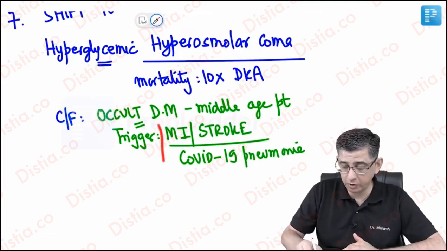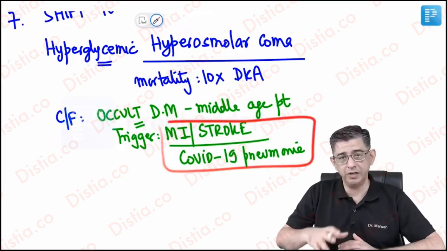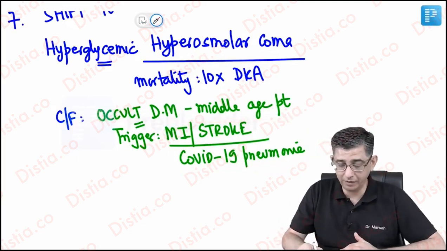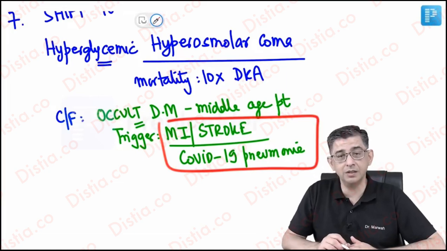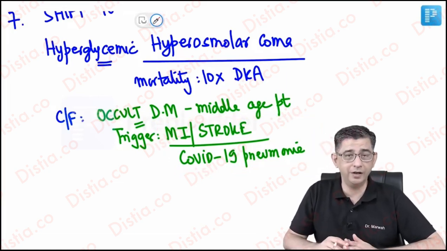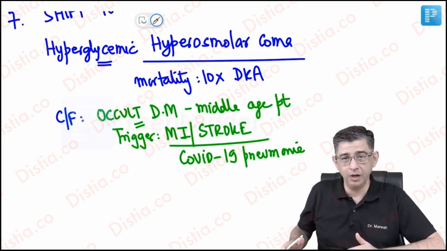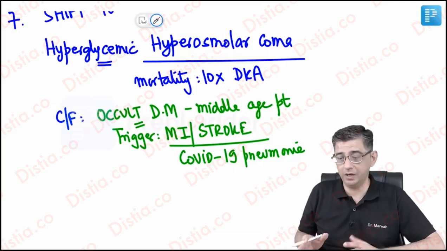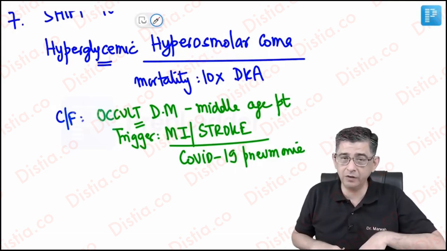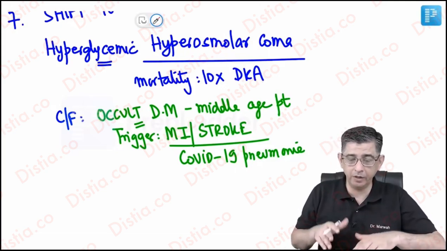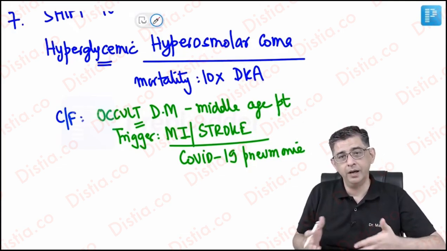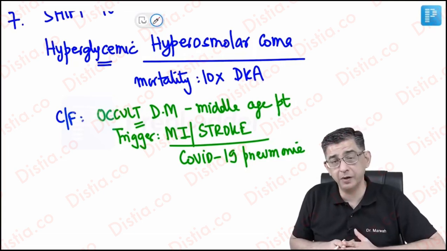Even if you remove the steroids from the equation, in fact, steroids have been literally abused for the fact that they have caused increased outbreak of diabetes mellitus in India. It's not that the steroids have contributed to more diabetes mellitus. It is simply that diabetes mellitus was very much present in our community. It was hidden, but COVID-19 resulted in those patients being diagnosed as diabetics primarily.